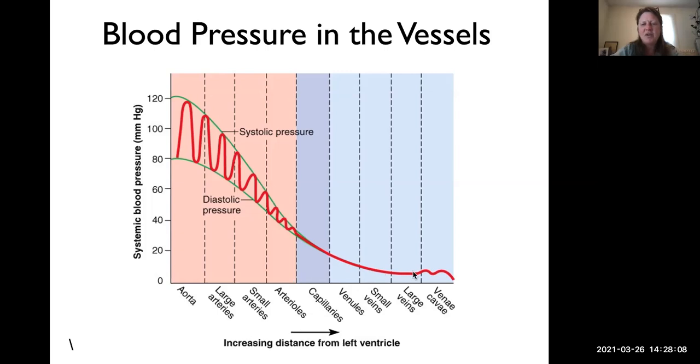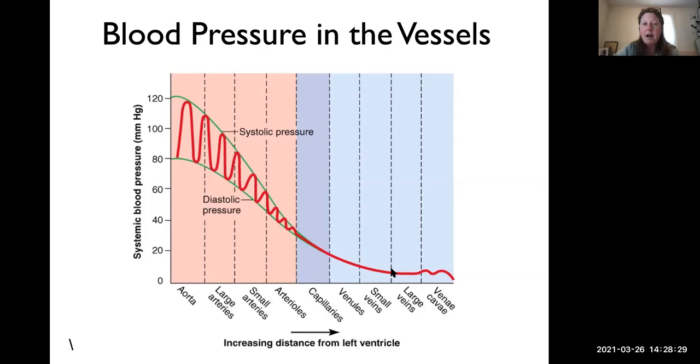And the pressure in the veins is so low that you can almost ignore it. So these don't give us a lot of valuable information other than just helping us to understand that there is a pressure gradient through the vessels that keeps blood moving in the proper direction.